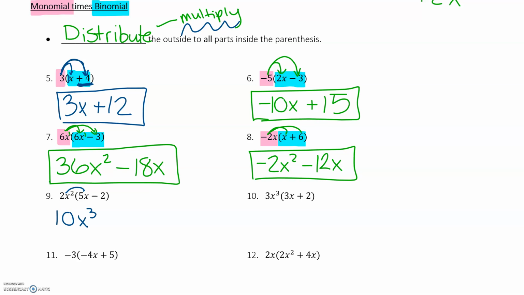When we distribute 2x squared to 5x, we get 10, that's the 2 times the 5, and we get the x squared times x to the first. Notice how that exponent now becomes a 3 because I added them together. 2x squared times a negative 2 gives us a negative 4, and the x squared doesn't change because there's no other x's that we're multiplying it by.